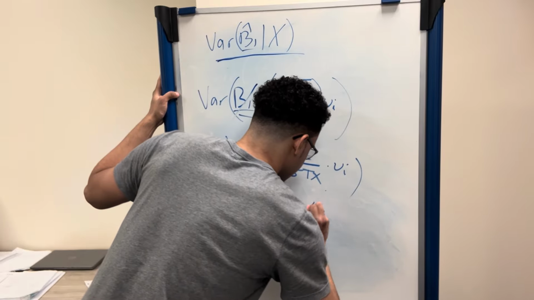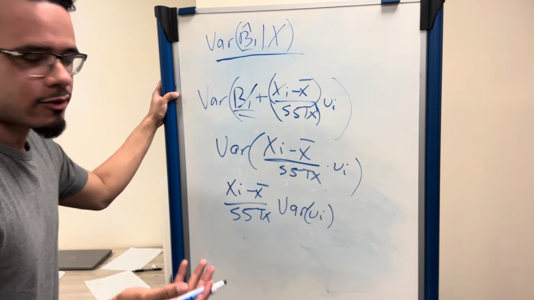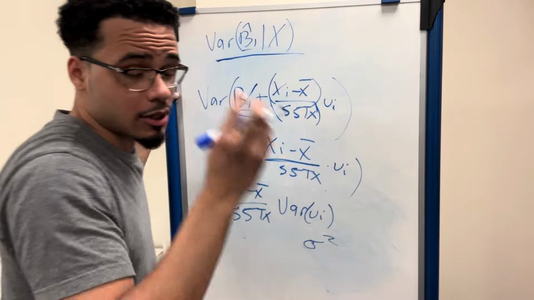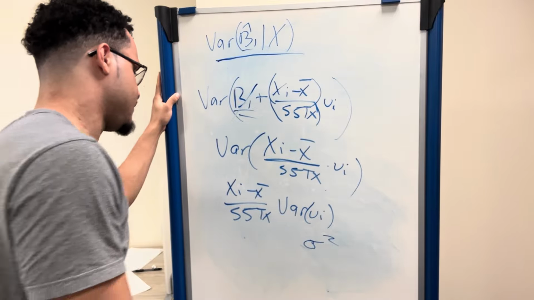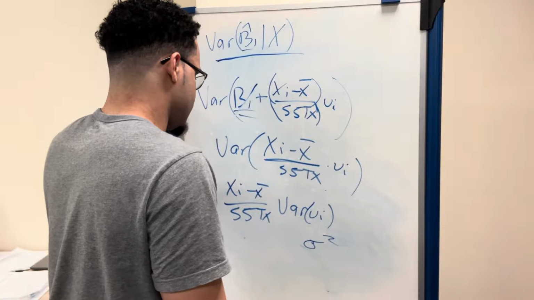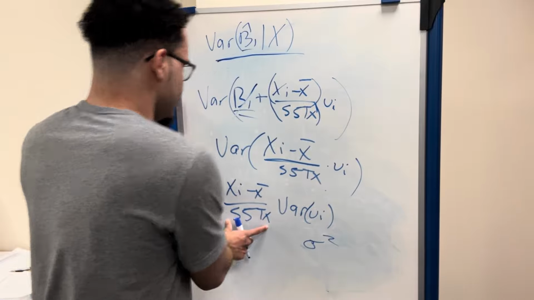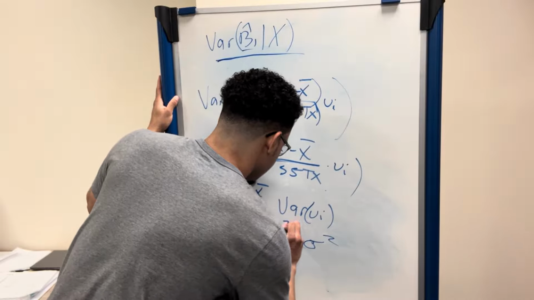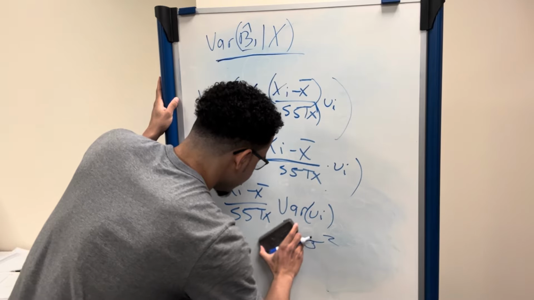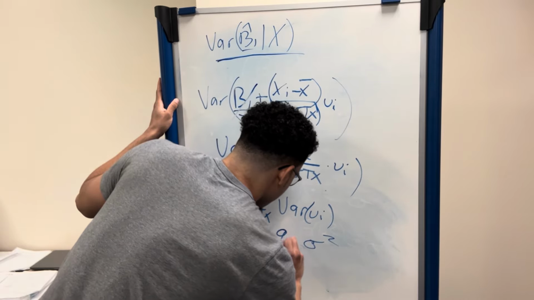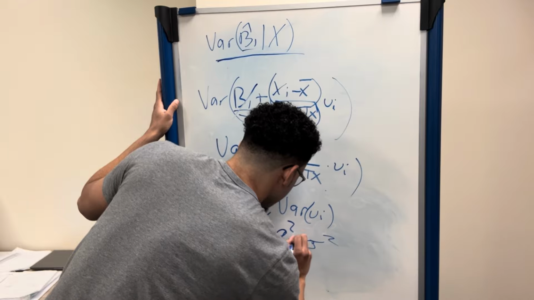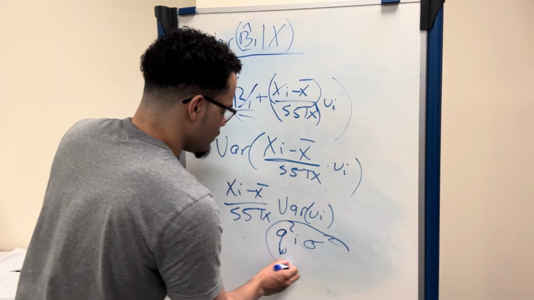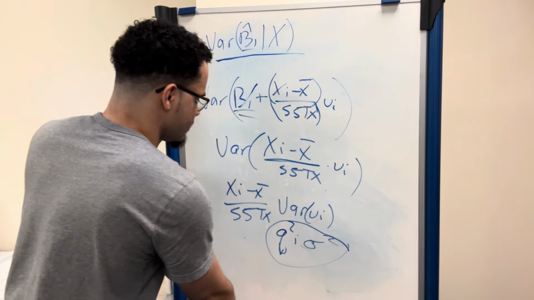According to our fundamental assumption, the variance of the unobservables is consistent according to homoscedasticity, so it's just the variance. Let's call it q squared.